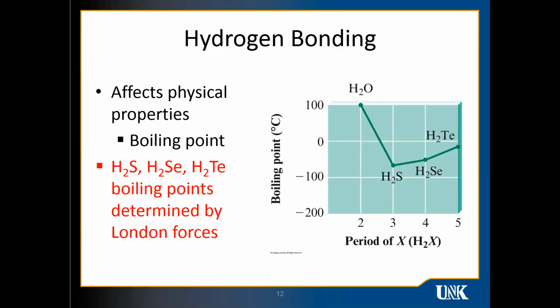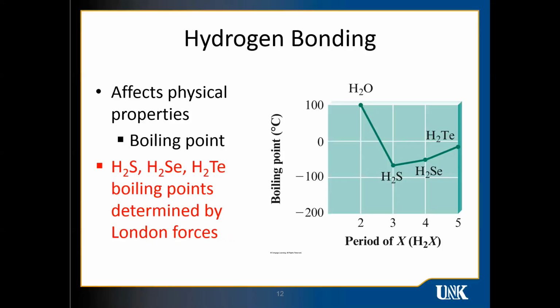Now, if you look at those other three compounds, the boiling points increase as we go from H2S to H2Se to H2Te. Tellurium is the biggest atom in the series, and sulfur is the smallest out of those three. You notice the boiling point is the highest for H2Te and the lowest for H2S, so we can say that those three compounds interact primarily through London forces.